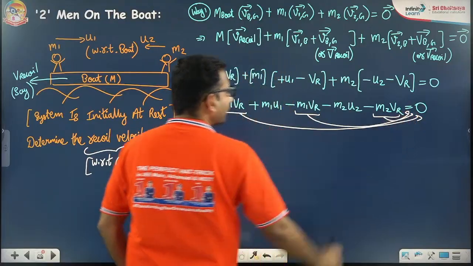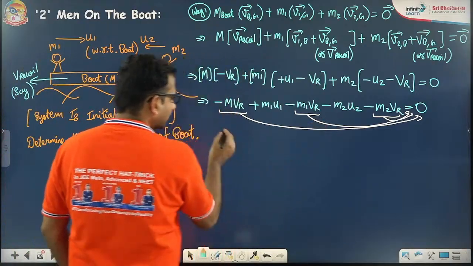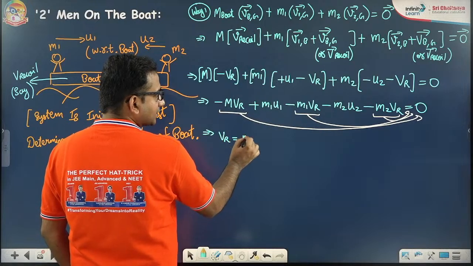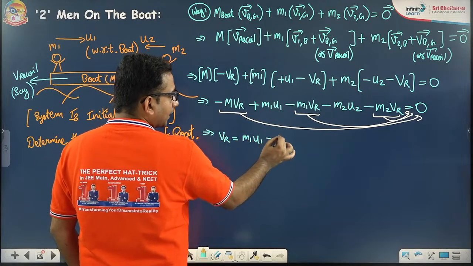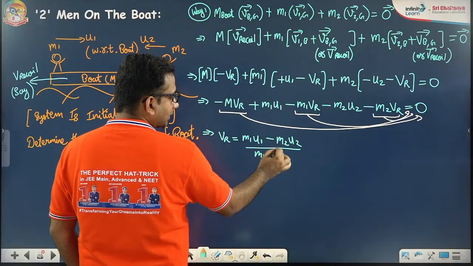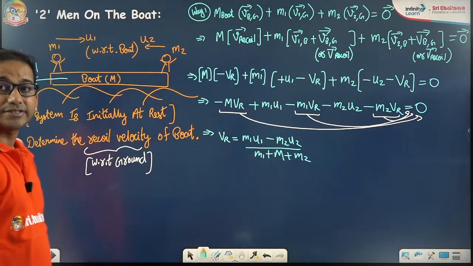So all these terms will become positive, and then you can isolate VR, getting the remaining coefficient in the denominator. VR is given as M1 U1 minus M2 U2 by M1 plus capital M plus M2. This is the recoil velocity.